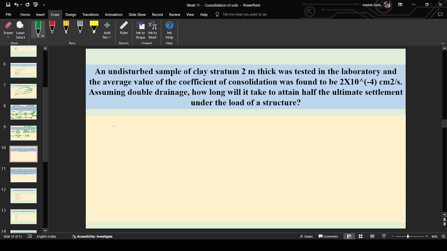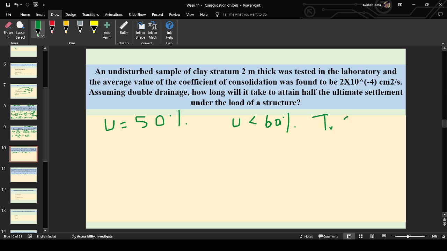Okay. So see, half settlement means 50% degree of consolidation. Now when U is less than 60%, what is the formula we use to find the time factor?